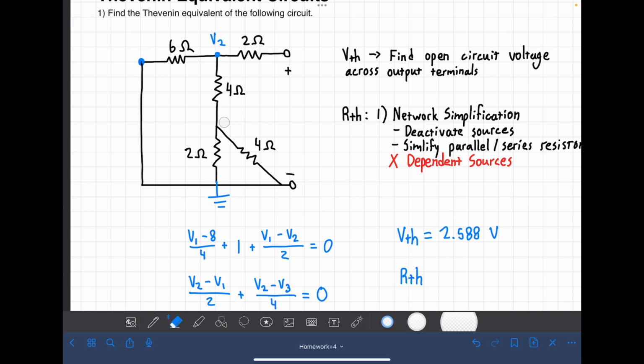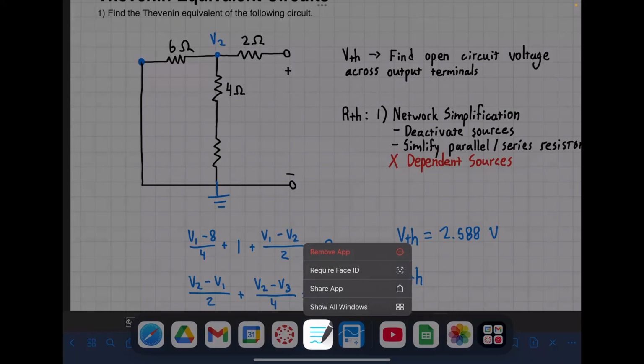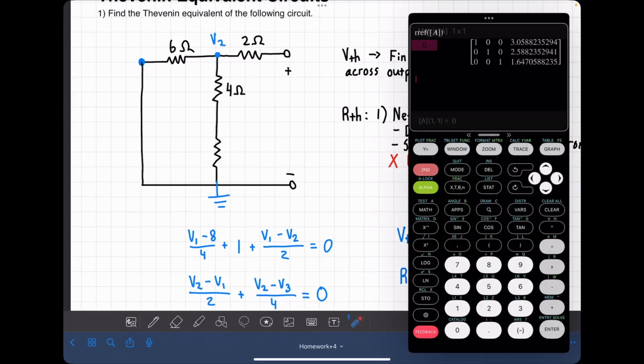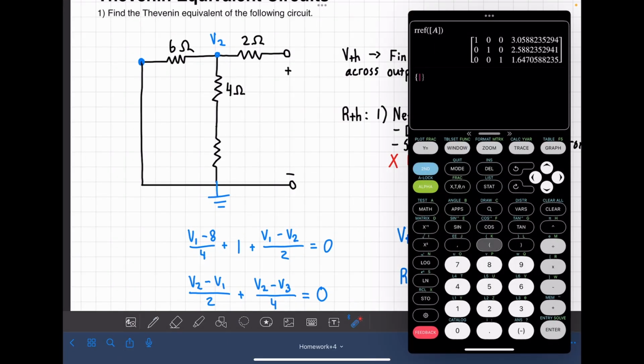These two right here are in parallel. So I'm going to combine them. It was a 2 and a 4, so that is 4/3 ohms.